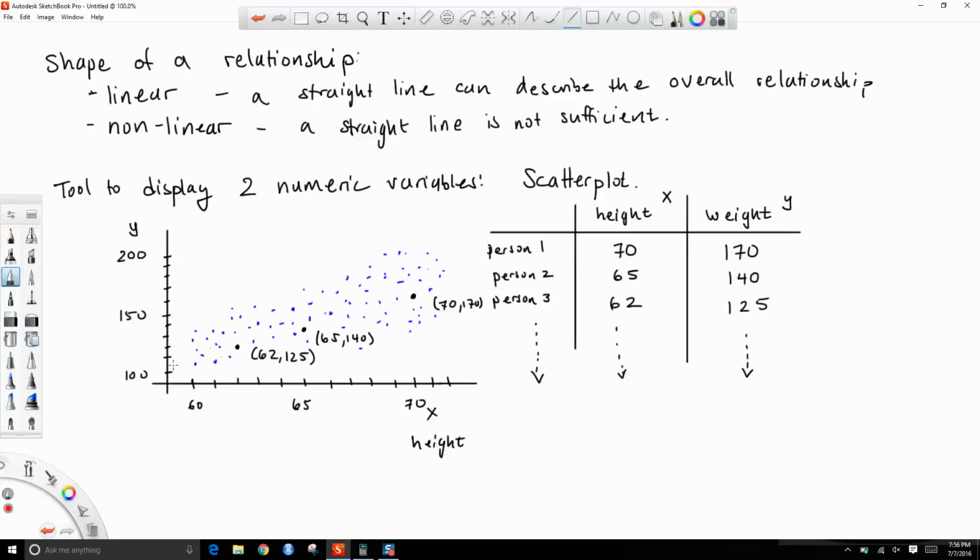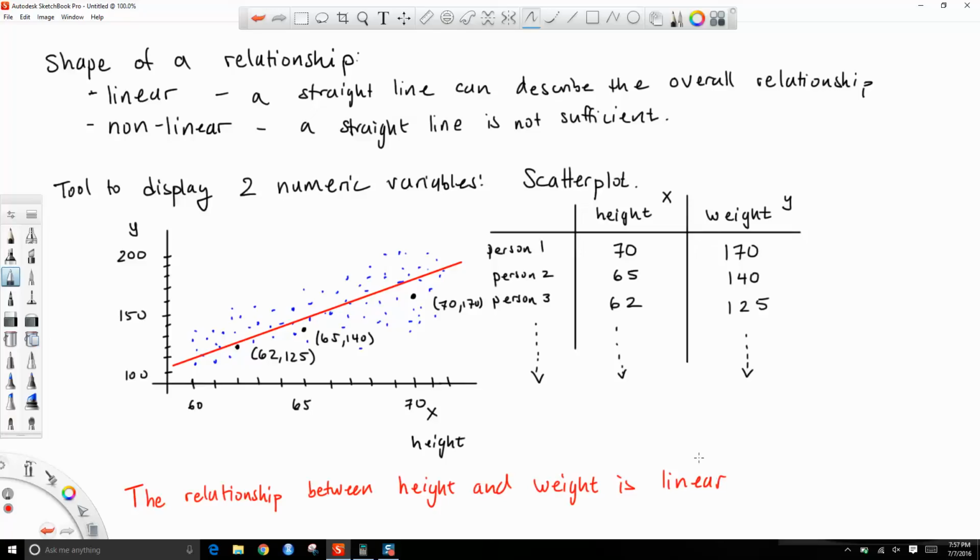Okay, something that looks like this. And so we could say that the relationship between height and weight is linear, because overall a straight line might be able to summarize the general trend between height and weight.